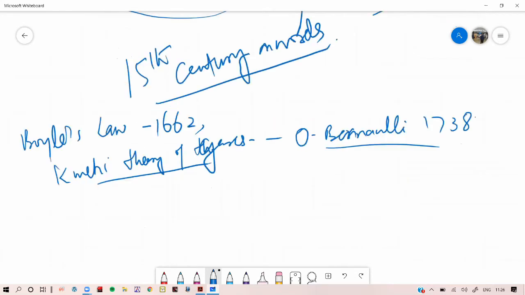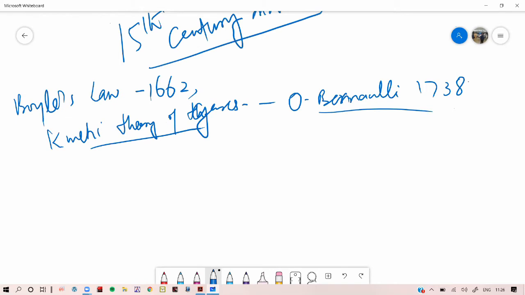I am giving the most recent ones, as compared to that earlier stage. And this Boyle's law, which was one of the gas laws, and Charles's law was there. Then the kinetic theory of gases was one of the important contributions in giving the concept of the discrete nature of matter.